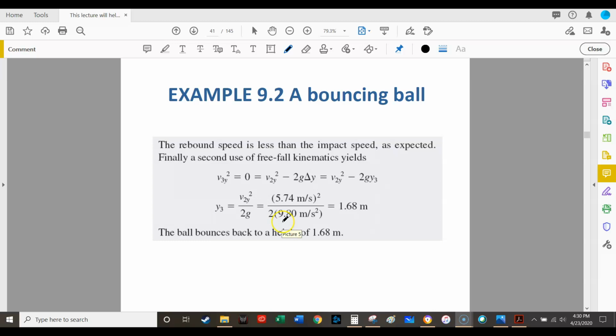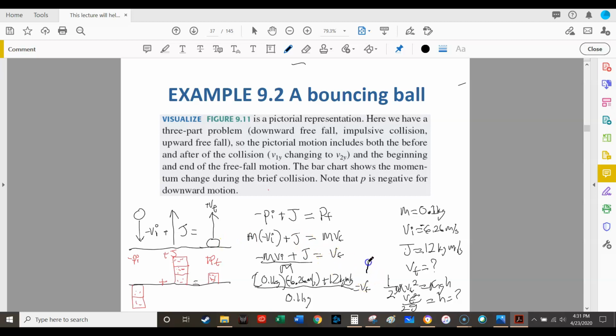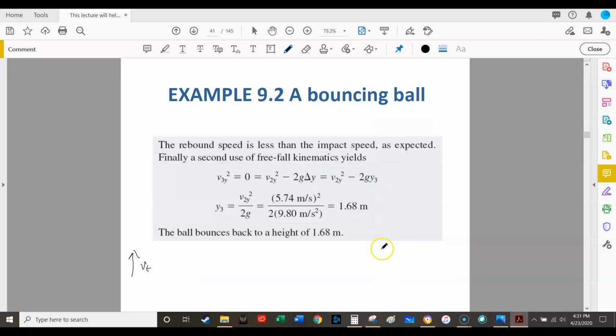And so now in this part, they're saying the ball has rebounded, and by the way, I should have written that, our final velocity is 5.74 meters per second, okay. And so now the ball has rebounded at 5.74 meters per second, which means it's going to have a kinetic energy, which is going to then change to a potential energy at some height that we don't know.